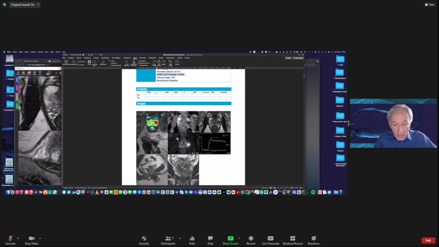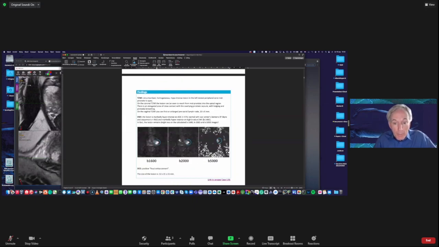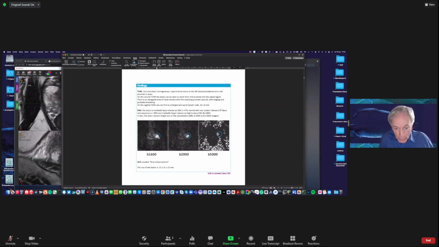Now let's look at the results. What I'm showing in the book is that you can calculate the B1400 and higher from your normal sequence. We are using a sequence of B50, B500 and B800, and from this we calculate the B1400 and the B1600 and B2000 and 5000.